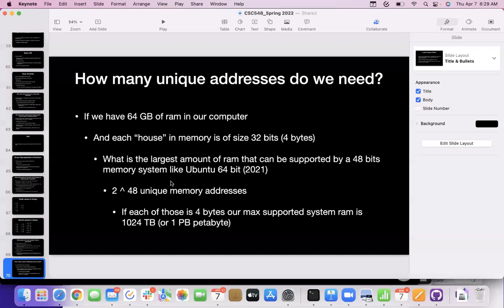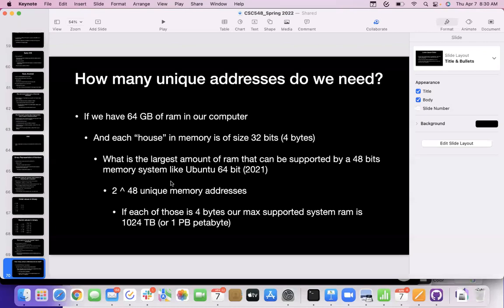So typically in a computer, all houses are created equal. Whatever the operating system dictates the size of the house is, that's how much individual memory can live at a single address. But what we care about in this course is the addressing itself.